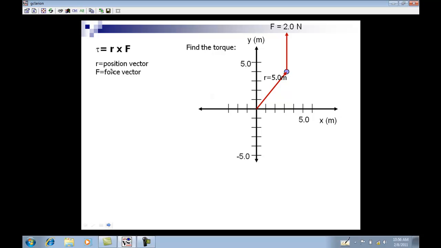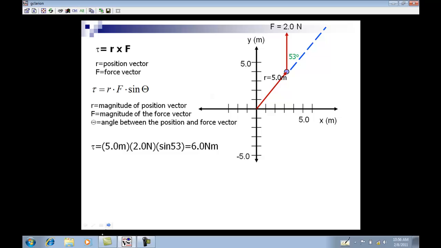It says you take the r vector, which in this case would be 3i plus 4j, and take the cross product with the force vector, which would be 2j, and you would have to do a vector cross product calculation. Now, we're not going to do that. What we will do is we're just going to take the two magnitudes and plug them into this equation here. So this equation essentially becomes this equation.